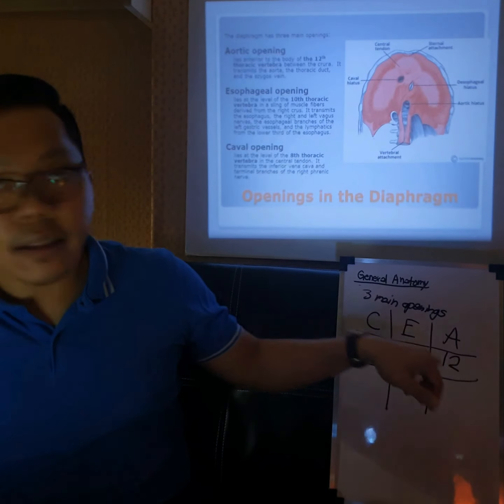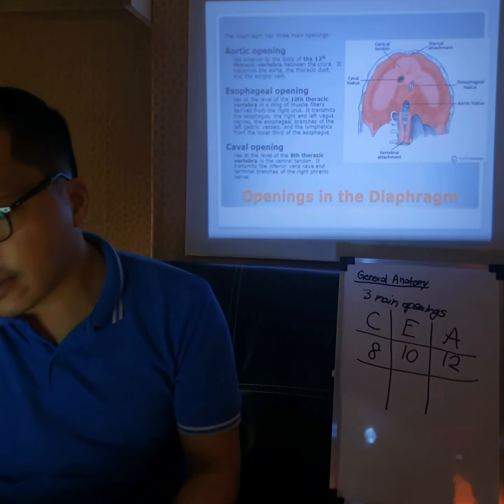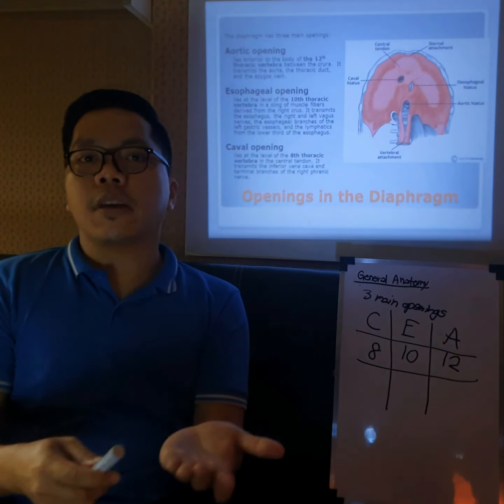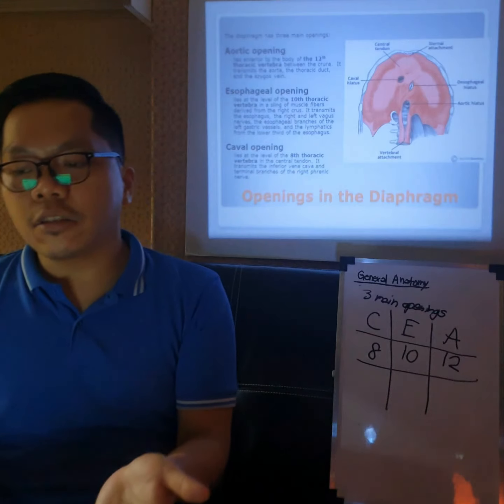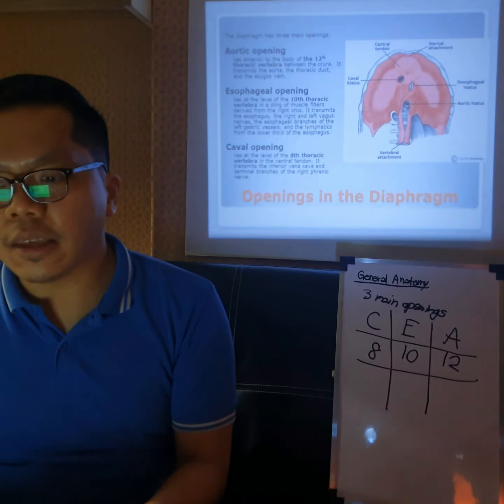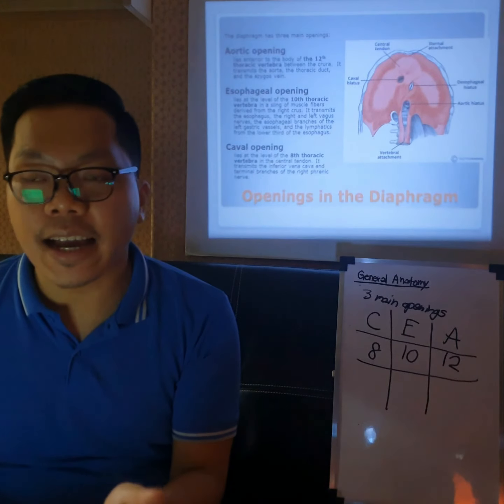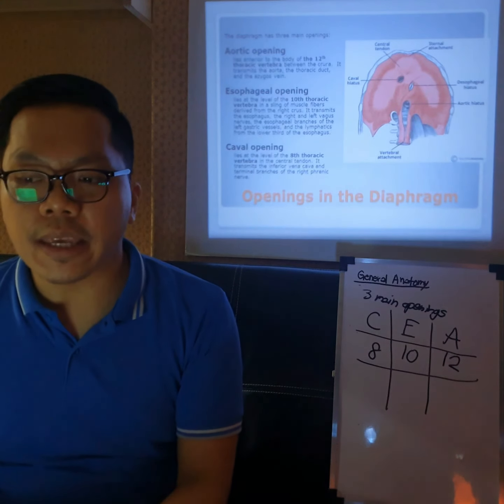CEA, 8, 10, 12. And what does it stand for? So, C stands for the caval opening. Very obvious naman, di ba? Pag sinabi natin caval, anong dumadaan sa kanya? It is the inferior vena cava. Kaya nga caval opening.